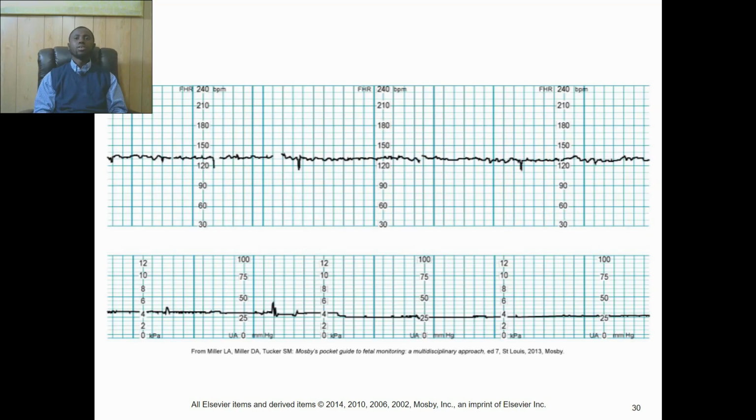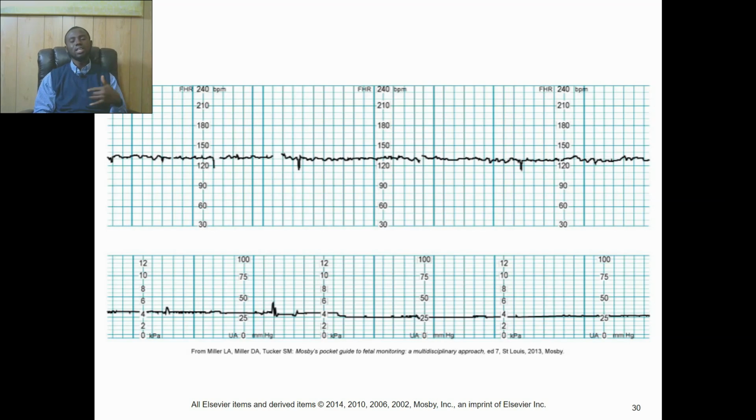So, a non-reactive test, therefore, is a test that does not demonstrate at least 2 qualifying accelerations, which is the increase in heart rate of 15 beats per minute, and also there is no increased heart rate within a 20-minute window, and there are no noticeable accelerations, or the accelerations do not increase by at least 15 beats per minute.